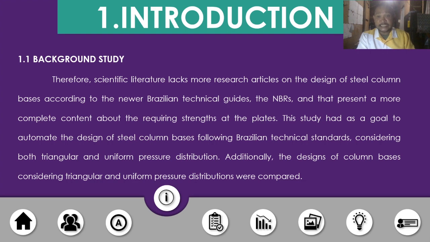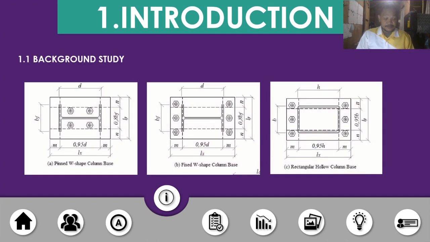So this study had as a goal to automate the design of steel column bases following Brazilian technical standards, considering both triangular and uniform pressure distribution. Additionally, the designs of column bases considering triangular and uniform pressure distributions were compared.